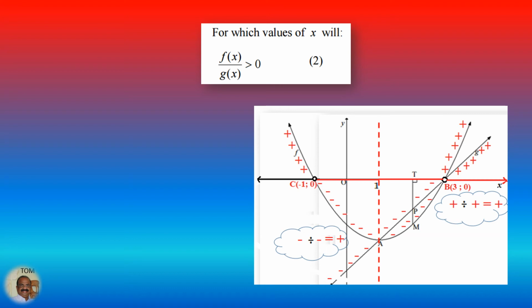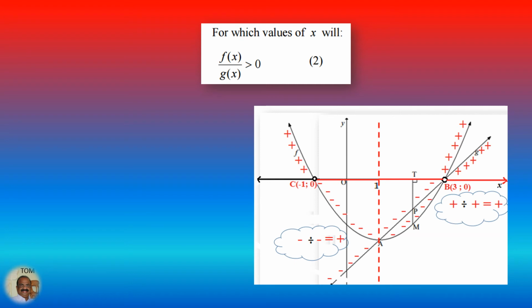We already know that the upper part is positive, the lower part is negative, and what we are looking for is f of x divided by g of x must be positive. So negative divided by negative will give us greater than 0, that is positive.